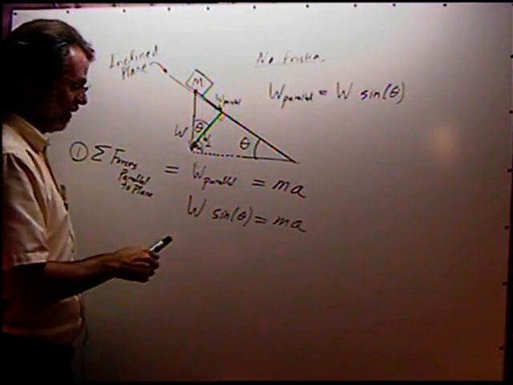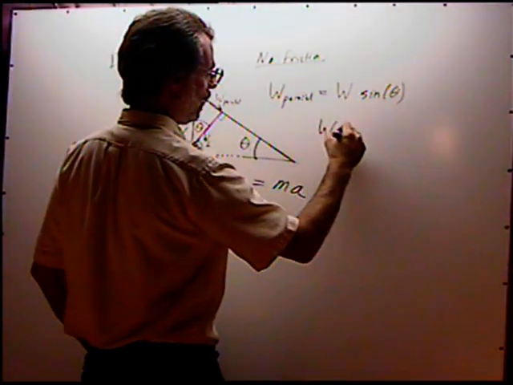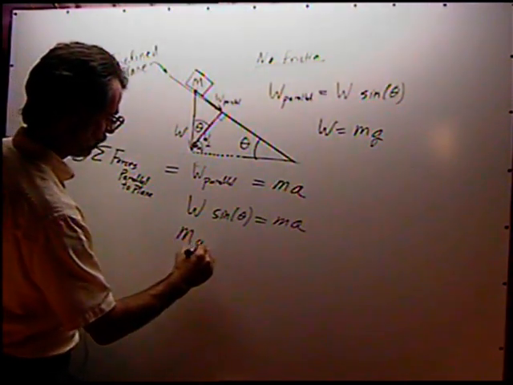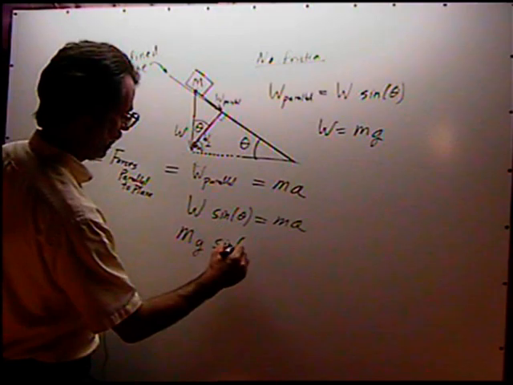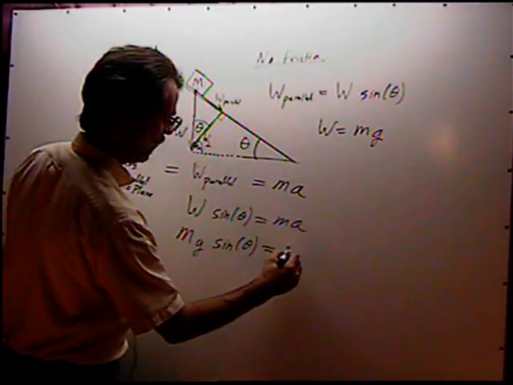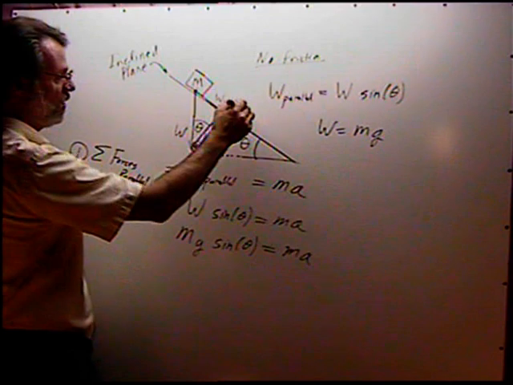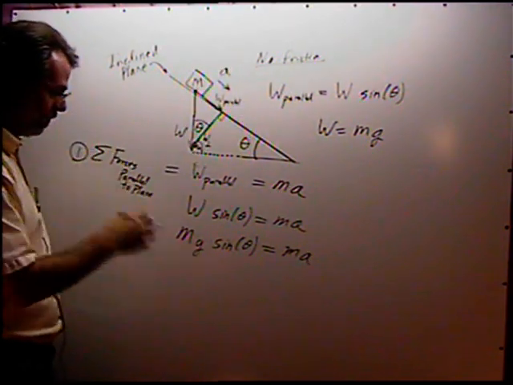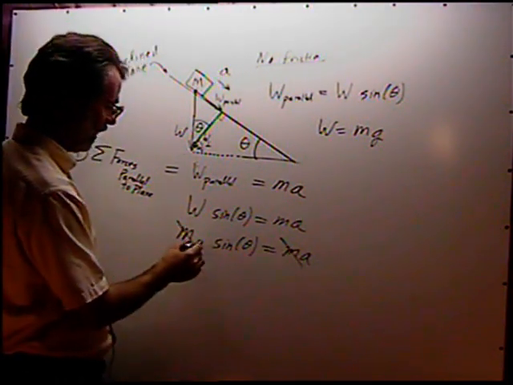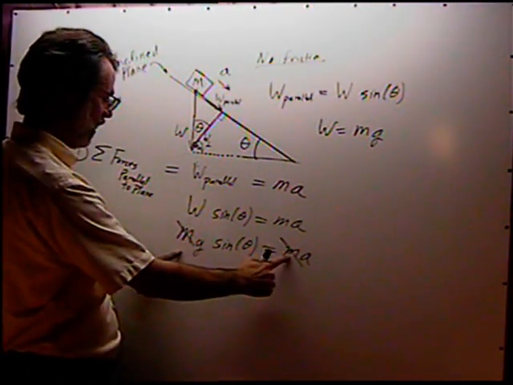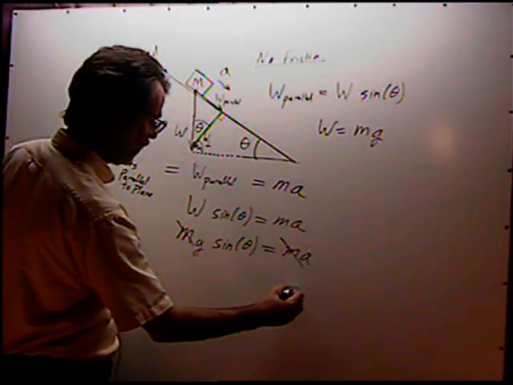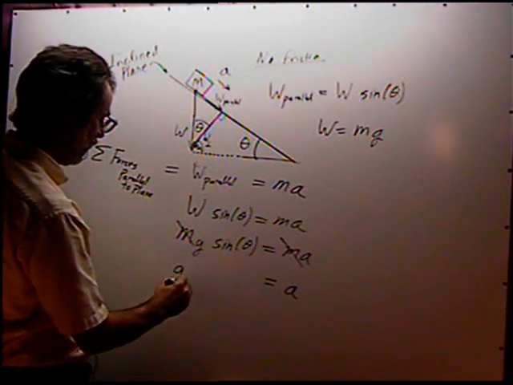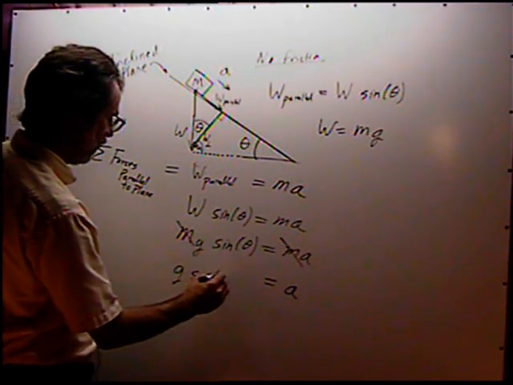Now the weight here, we know, is simply mg. So we can also say that mg times the sine of this angle equals ma. Now a is simply the acceleration along the plane. Notice that the masses cancel out. These two masses are the same, which means that the acceleration that the mass actually feels is gravity times the sine of the angle.